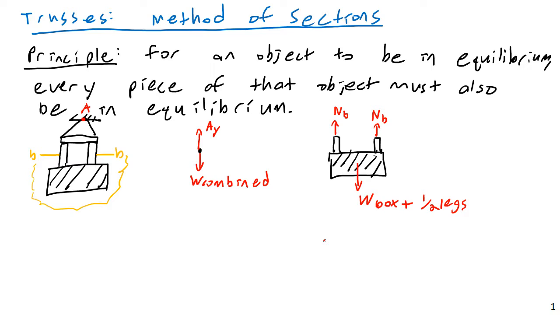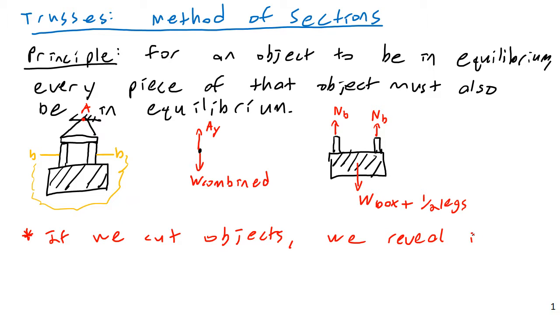So the basic idea, again, is that we can cut objects. So basically the big moral here is, if we cut objects, we reveal internal forces that will keep the object at equilibrium.